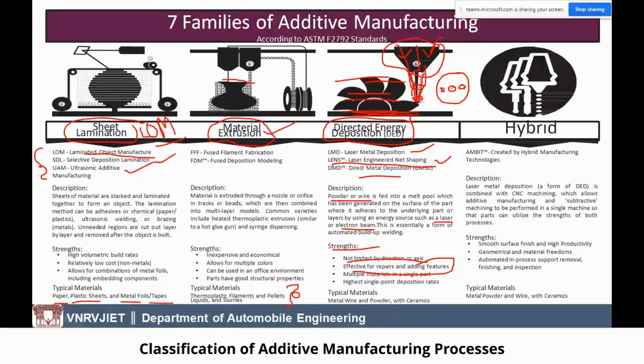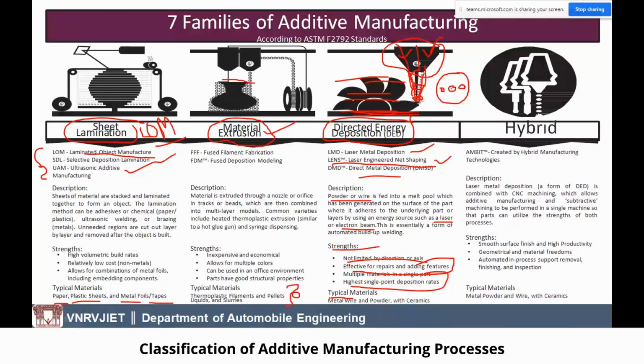Where a different material is required, the different material will have different properties. And the highest single point deposition rate, that means the production rate is very high. And the typical materials we use are all the materials which are available in powder form, along with ceramics.